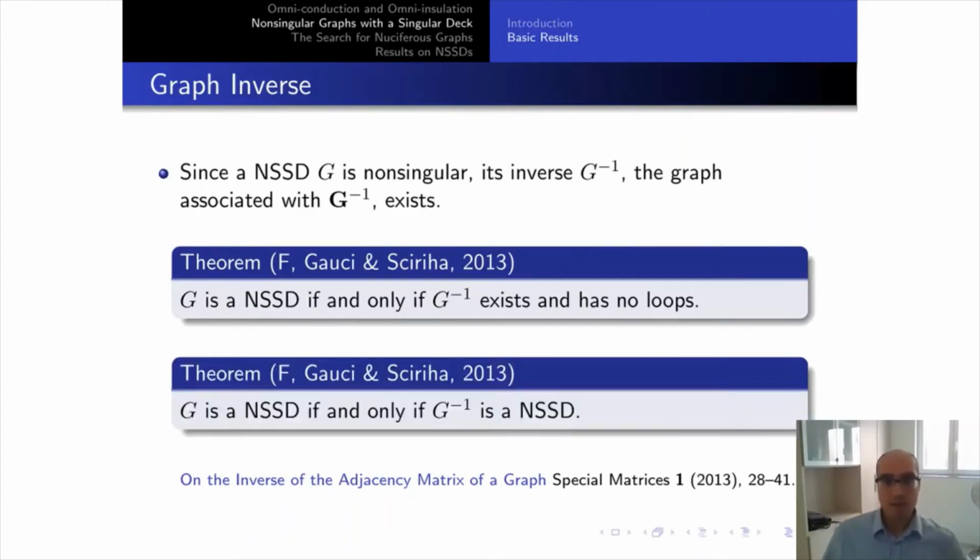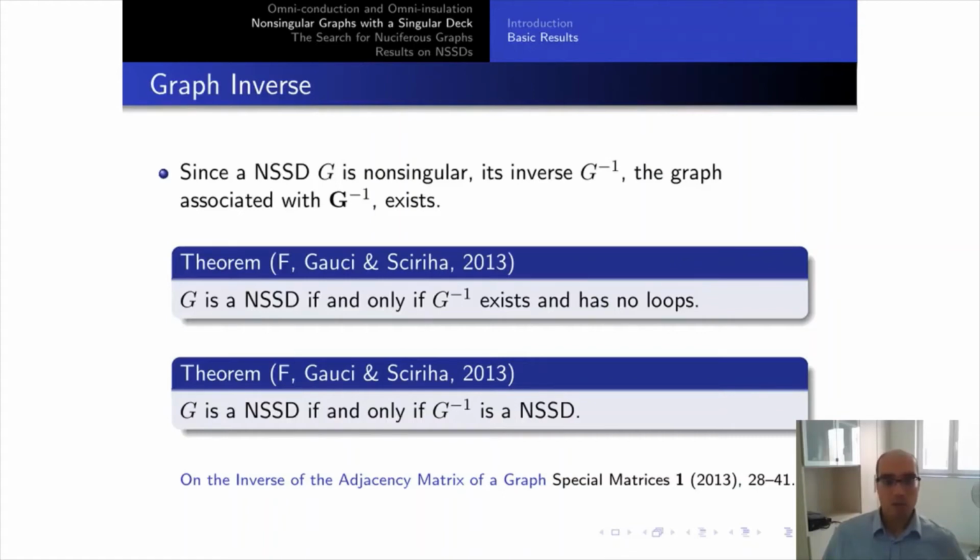And this tells us then that a graph G is an NSSD if and only if its inverse is an NSSD. But we can only say this if we allow weighted edges. So that's why we decided to define NSSDs as having weighted edges. In this way as well, we have a duality.